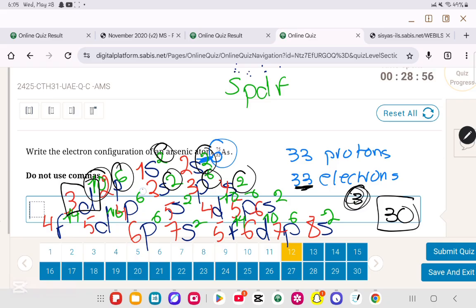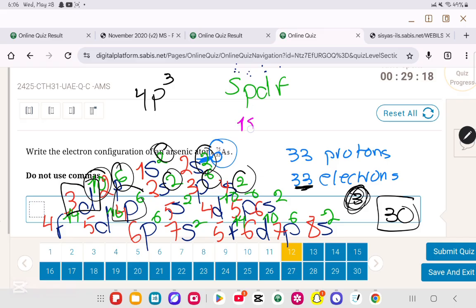So you're gonna take the P, which is 4p6, but instead of the 6, you're gonna put the number of electrons you need. How many electrons do we need? We need 3 electrons, so it's gonna be 3 over here. So very simply, the electronic configuration of arsenic atom is what?